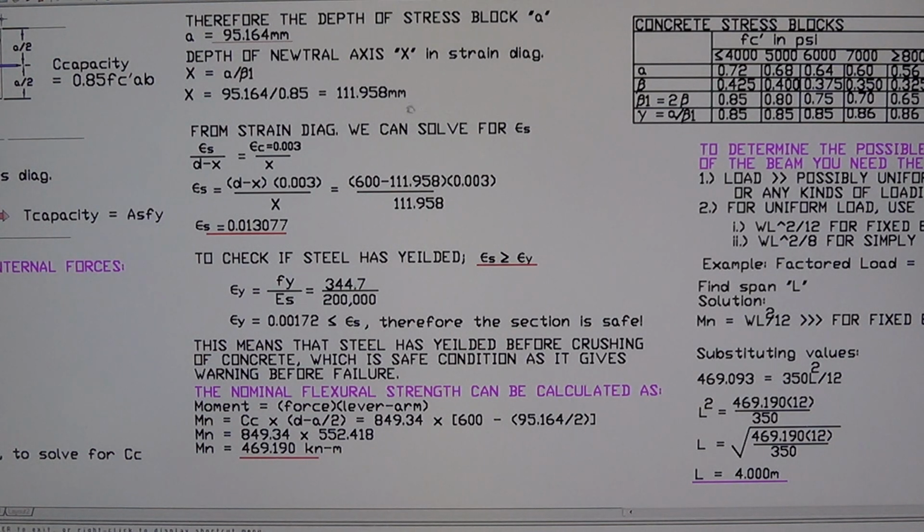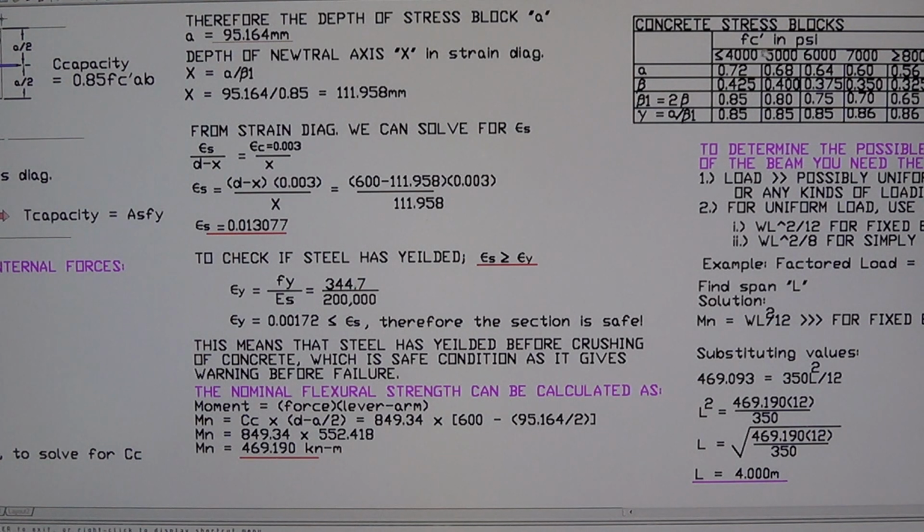The 28 MPa that we use here is equal to 4,000 psi. For 4,000 psi, which is 28 MPa, beta 1 is 0.85. For 5,000 it is 0.8, and 6,000 psi 0.75. 7,000 psi is 0.7, and 8,000 psi is 0.65.